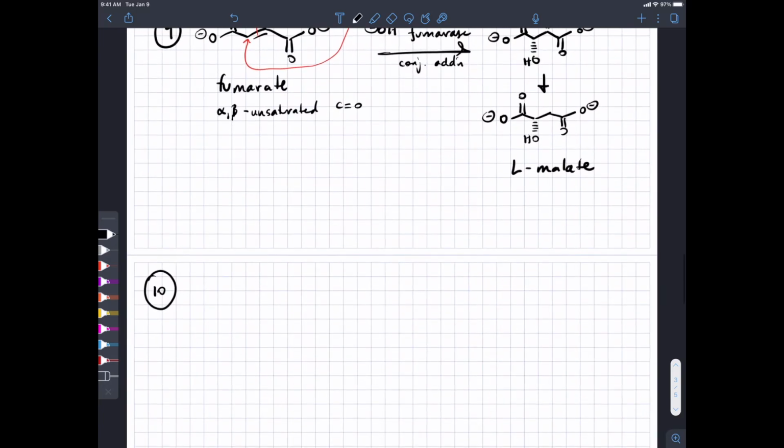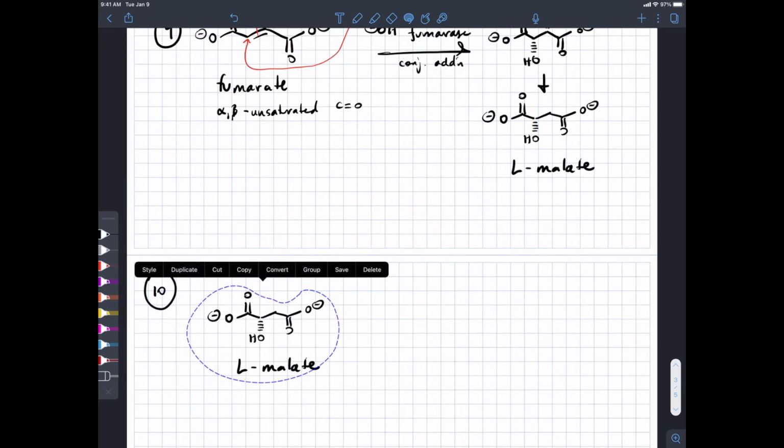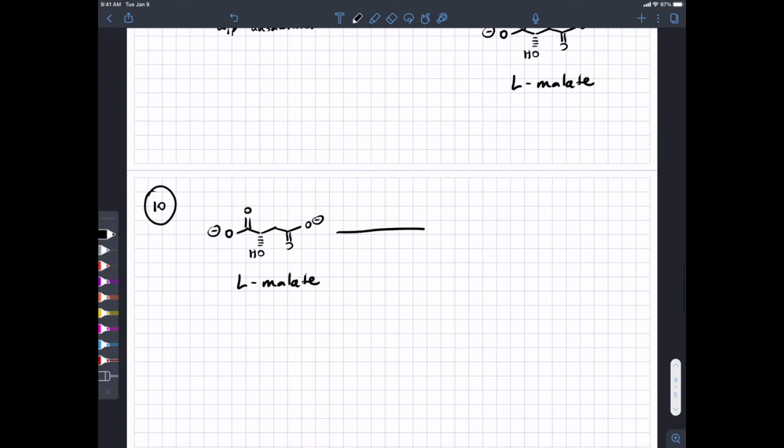Our last step is just an NAD plus oxidation of malate. And I won't show you this mechanism because it's exactly the same as you've seen for other NAD plus based oxidations. That will take us back to oxaloacetate, and we've turned the crank once.